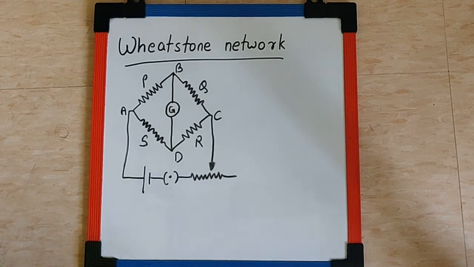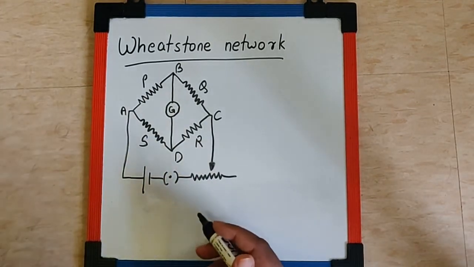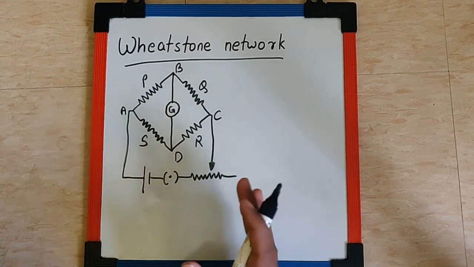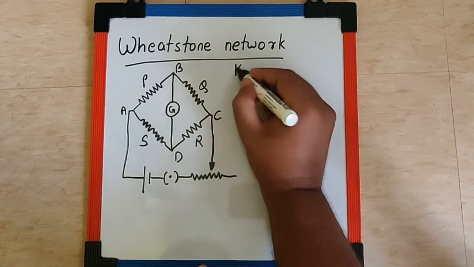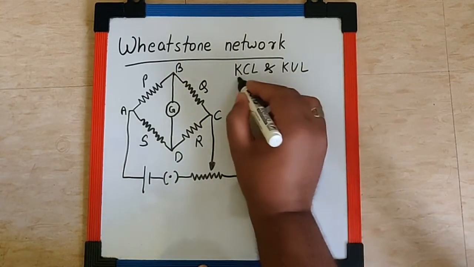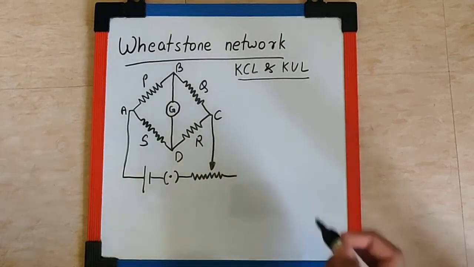Now if we try to understand the circuit and apply Kirchhoff's current law and Kirchhoff's voltage law, better known as KCL and KVL, which we have already done in the previous videos.